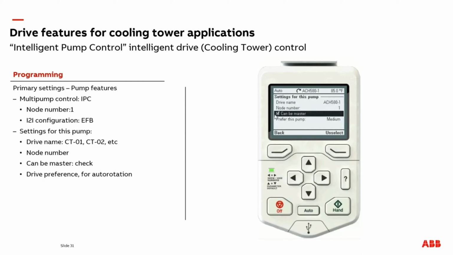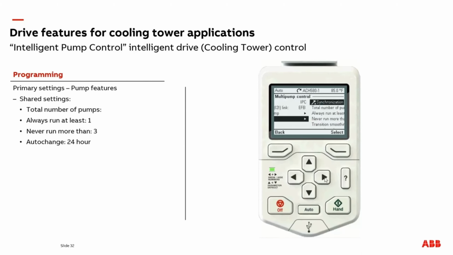All of my drives will be able to be master, so that the rotation between drives, either in a lead lag setup or in the even wear application, each drive can take over function from another. If you're using the even wear feature, you can determine which tower fan you would like to run more often or less often. In this programming, we're just going to leave it at medium, so each drive and fan are equal. Now back to shared settings.